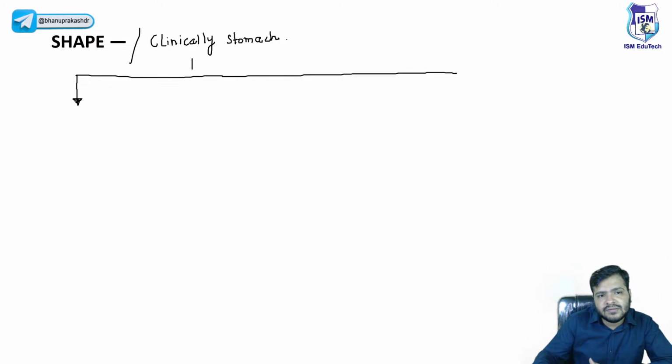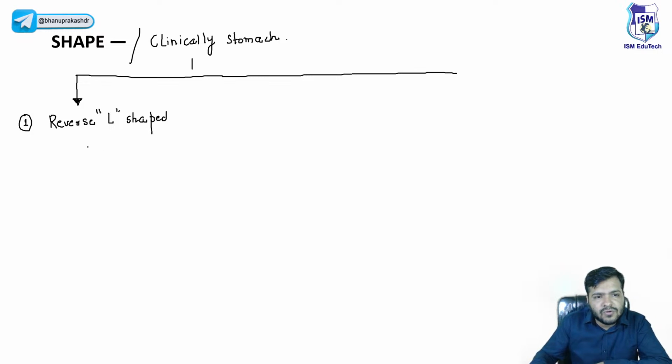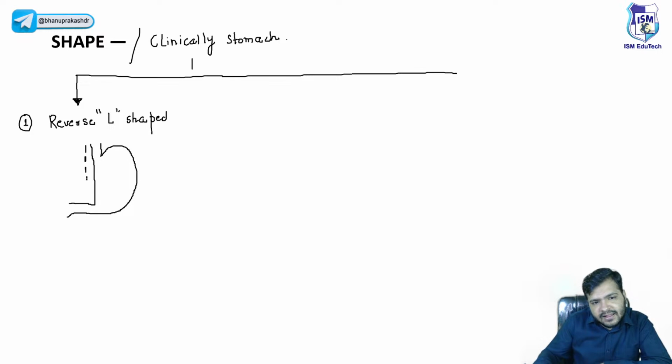The very first one is reverse L shaped. Suppose this is the stomach, and it is somewhat reverse L in nature.